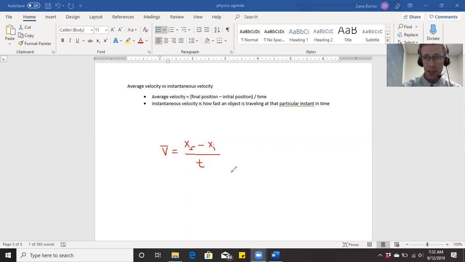Okay, so let's illustrate this with another kind of silly example. Suppose that I'm at point A, let's call this like my house. Okay, and suppose that I'm going to go to point B, which is like my local donut shop, let's say. And suppose that is a distance of 2 miles. Okay, and let's suppose that it took me 10 minutes to get there.